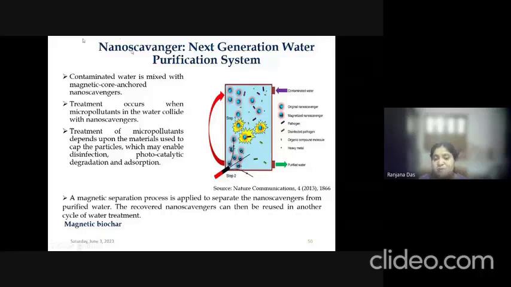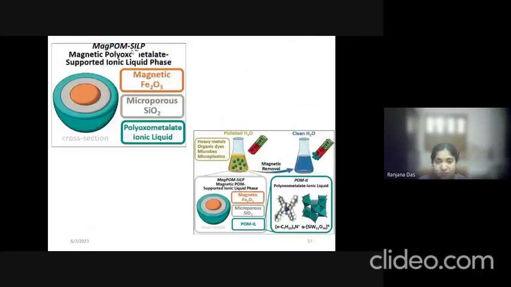Using these nano scavengers, micropollutants can be removed also. Magnetic biochar is also capable of removing microplastics. Some papers have come up observing that magnetic biochar can be used for separation of microplastics from water.